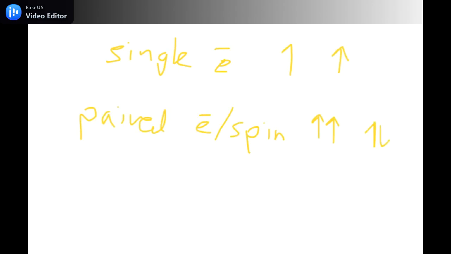Now next is the boxes that we show when we are doing the spin configuration. So the first subshell, that is S, has one orbital as we did earlier. So it has one box. Each box represents one orbital. The P subshell has 3 orbitals.